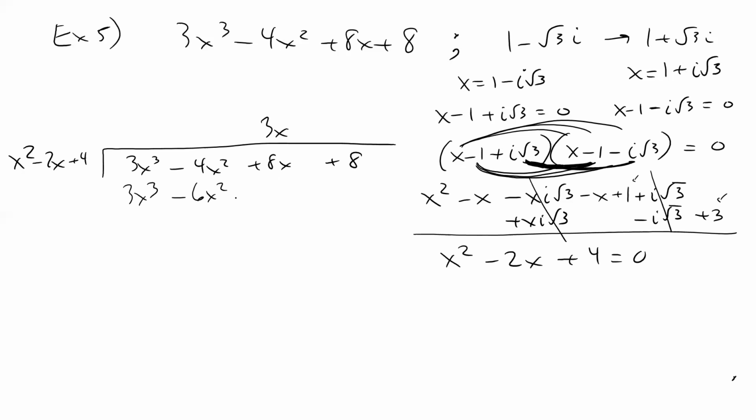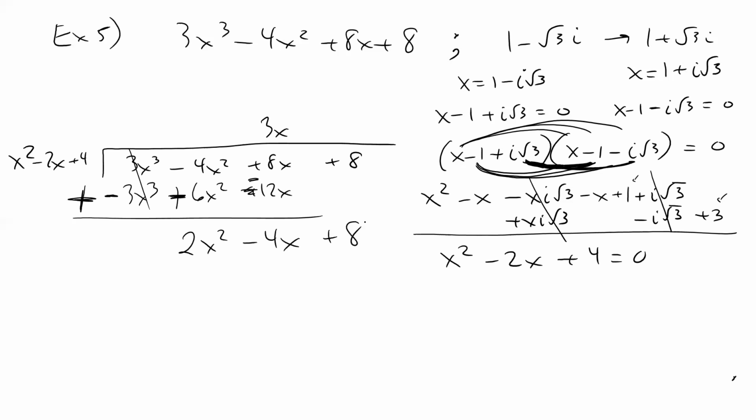And 3x times 4 makes it 12x. And we subtract, or better yet, add the opposite. That's gone. 2x squared minus 4x plus 8.